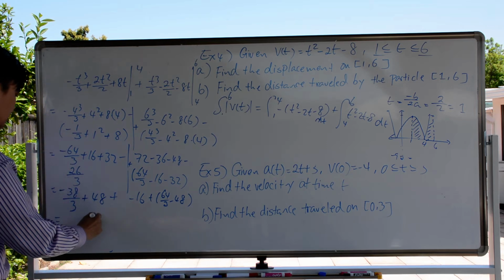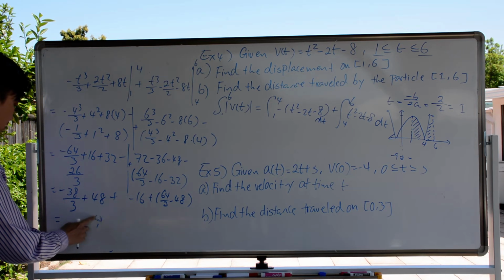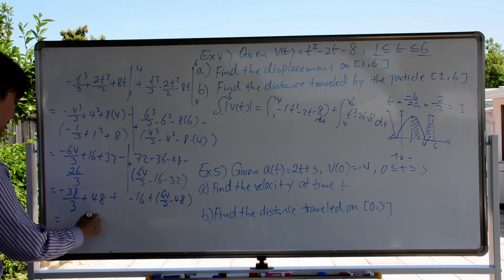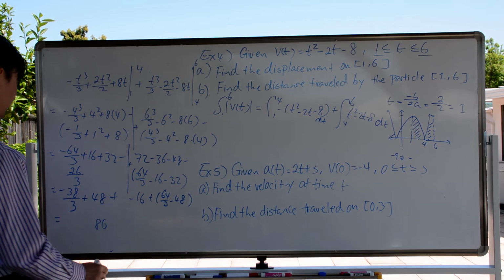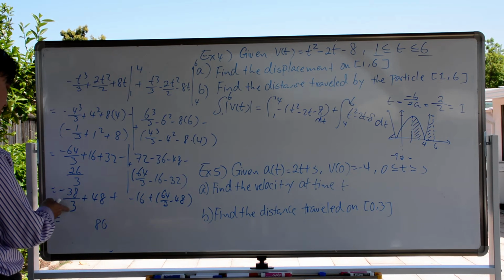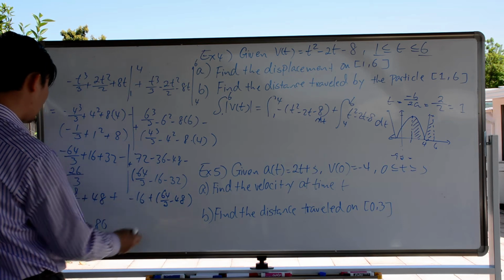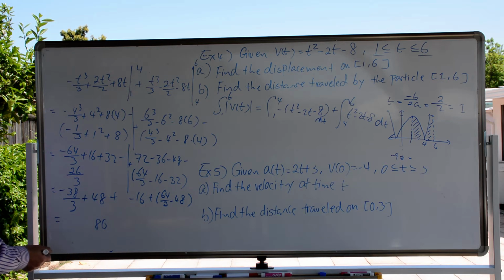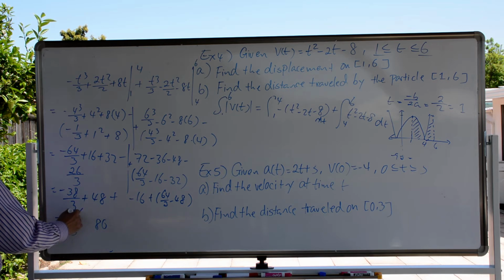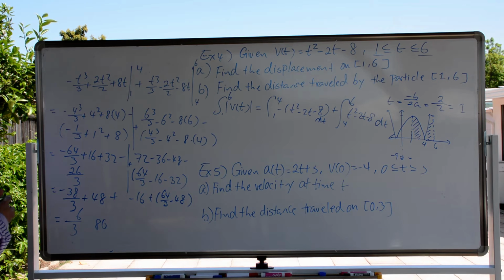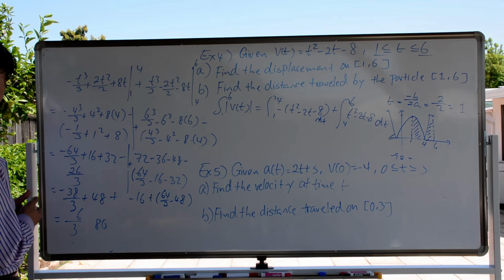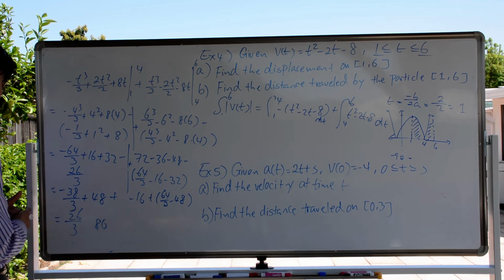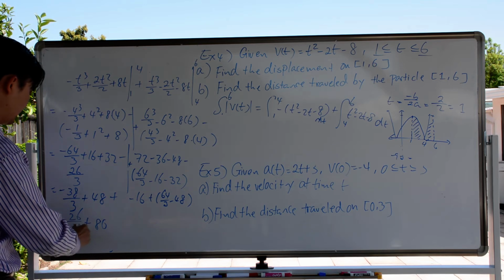So 96 minus 16, then that'll be 80. And then negative 38 over 3 plus 64 over 3, then that would be positive 26 over 3 plus 80.